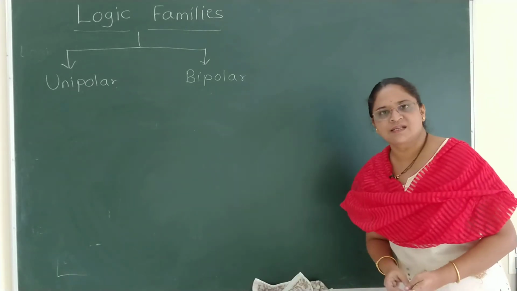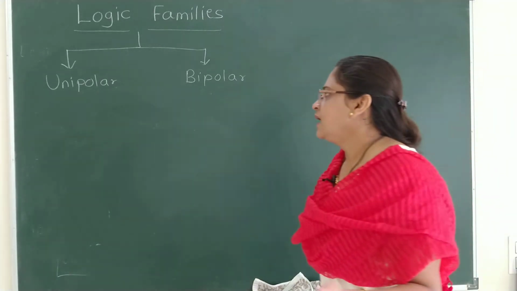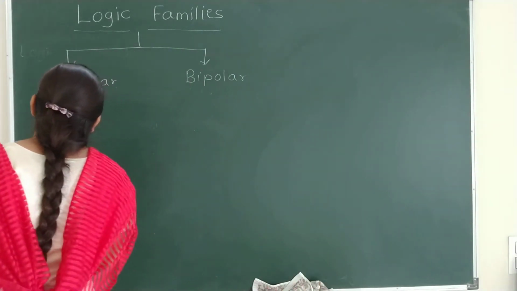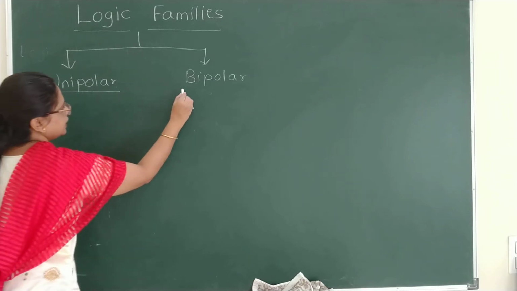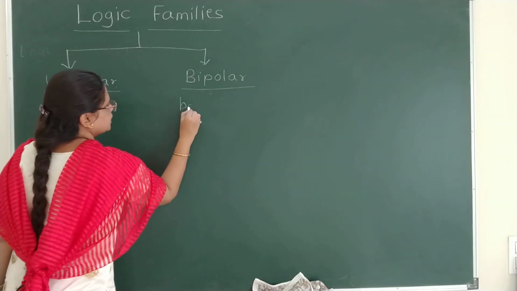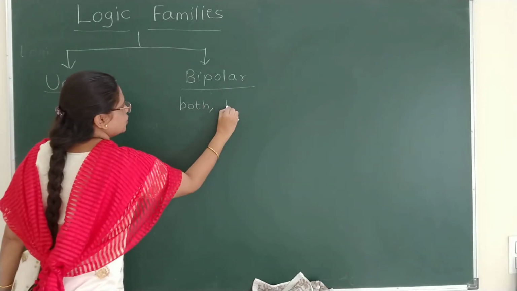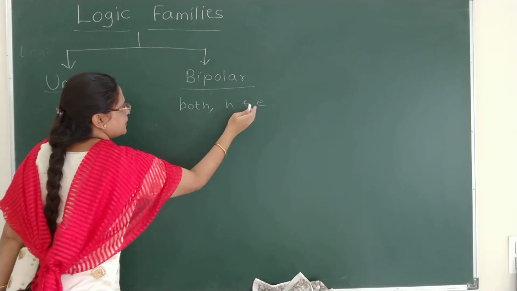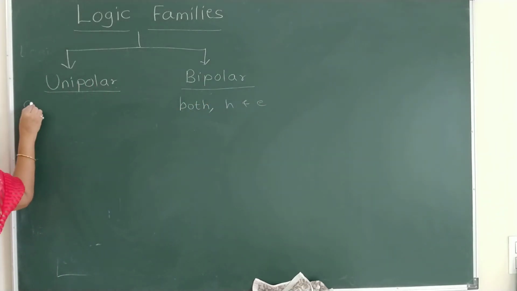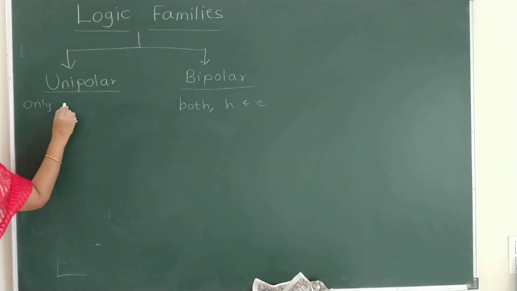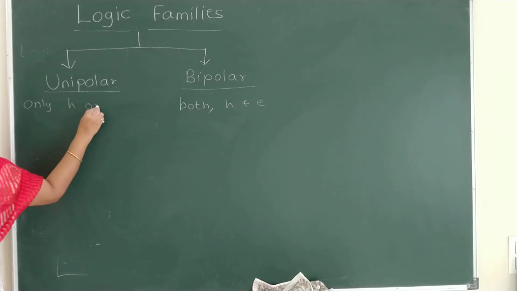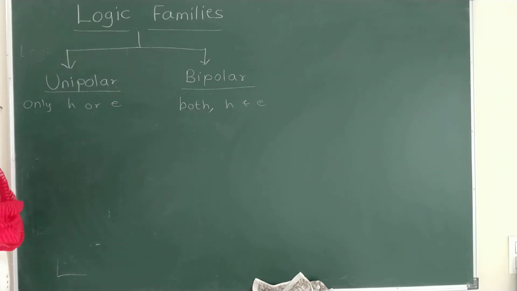That is the basic theory of semiconductor. As well as unipolar means only either holes or electrons participate for current conduction. That is the unipolar type logic family.